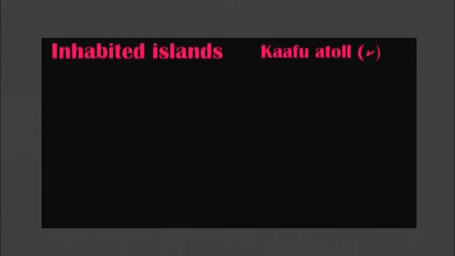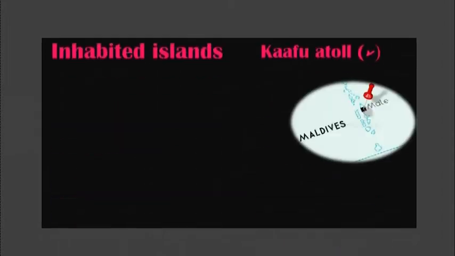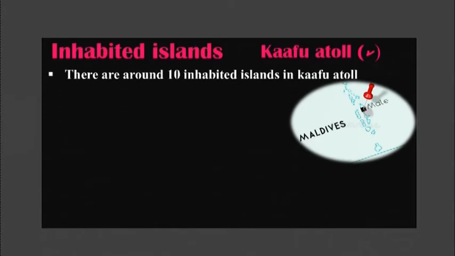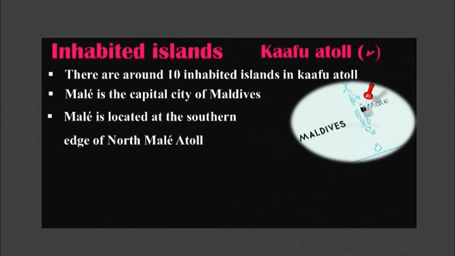Inhabited islands in Kaf Atoll. There are around 10 inhabited islands in Kaf Atoll. Male is the capital city of Maldives. Male is located at the southern edge of North Malay Atoll.